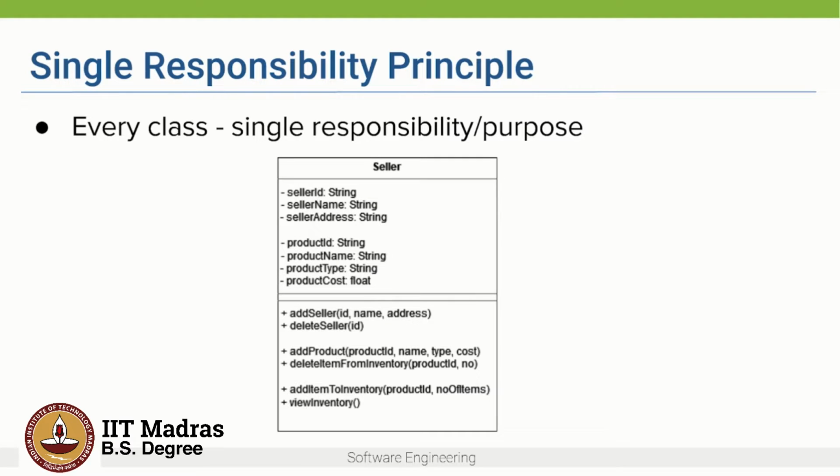So learners, let's reflect on the design of this class diagram. Do you think it is following the single responsibility principle? Can you identify different functionalities which are embedded into the single class?